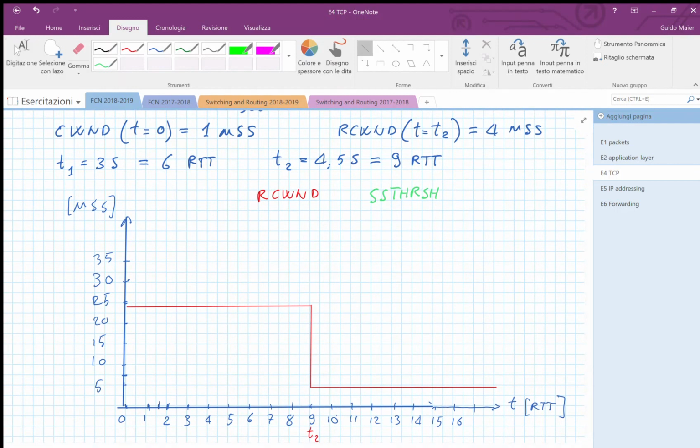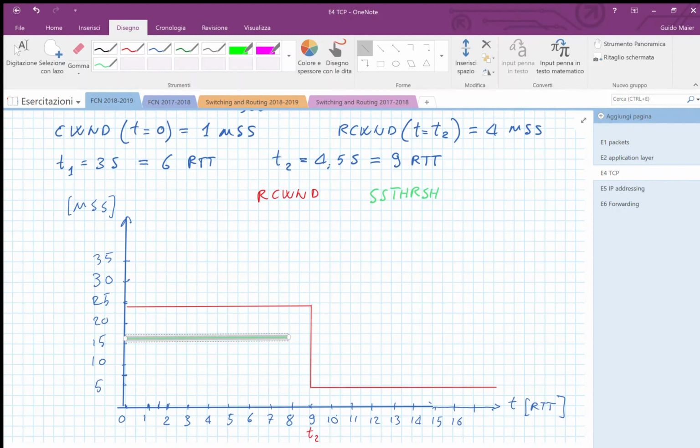Now you know that the slow start threshold remains the same until we have an event occurring that resets the congestion window parameters, and this event is the loss of segments.